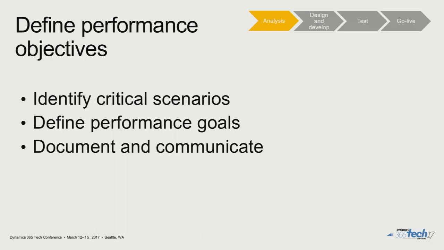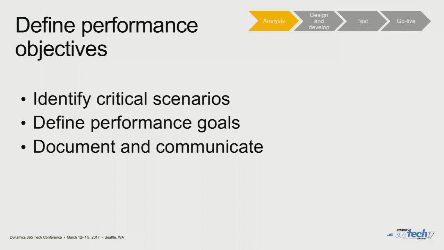And defining the goals around those critical scenarios as well. And like I previously mentioned, some of those are response time related. How reactive is it from a user entering, like a sales order, for instance, versus what are those processes that we just want to measure and track the timing so that we can ensure that we can complete those processes within the time window that we have available for those processes to complete.